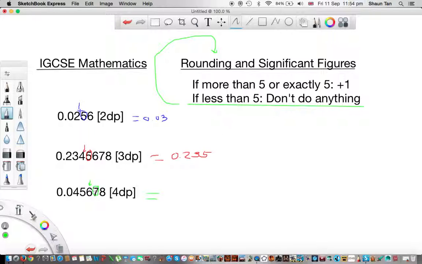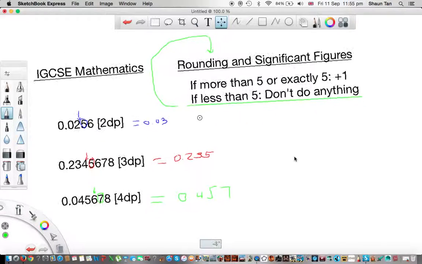So this is 7, so it definitely is going to be changed to 0.45, because this is more than 5. So yep, this is basically it for rounding.